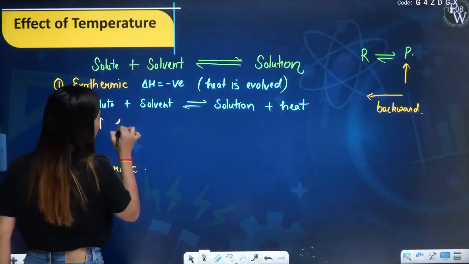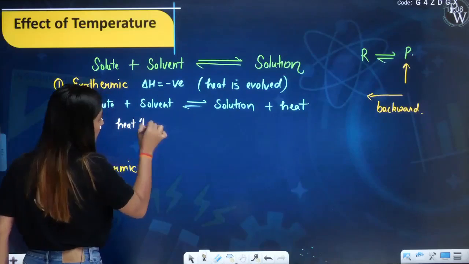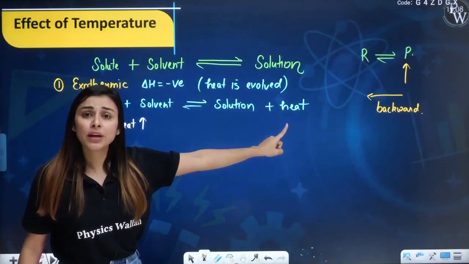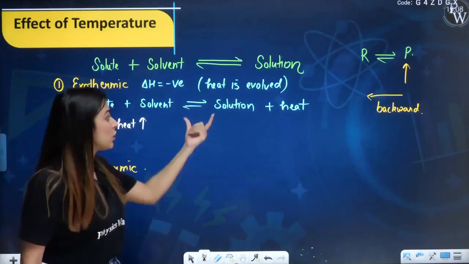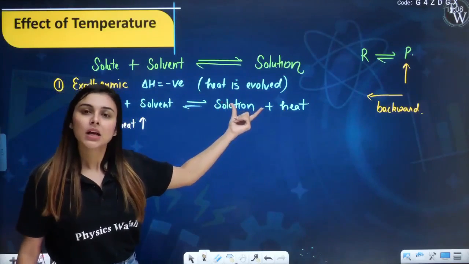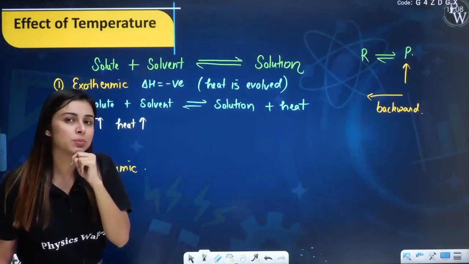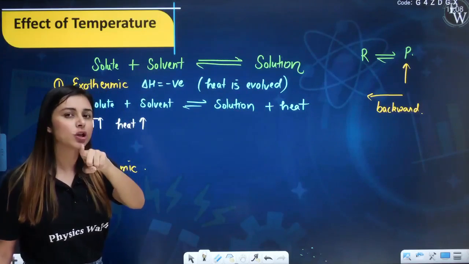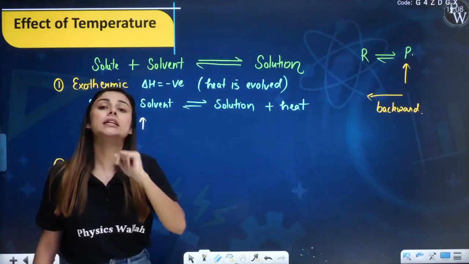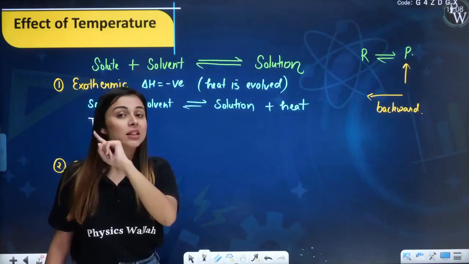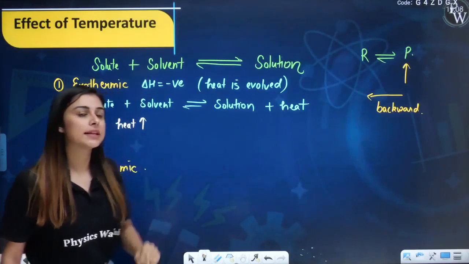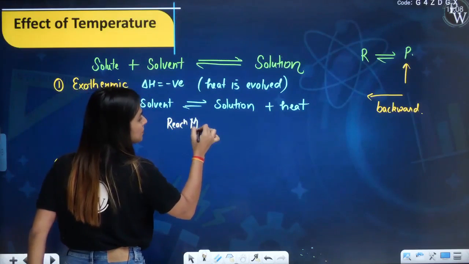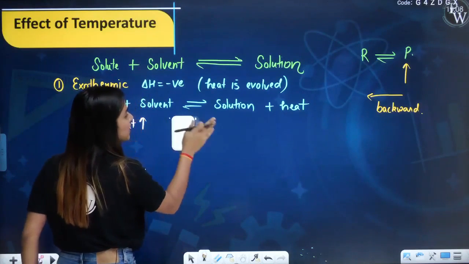If you are trying to increase the heat, my dear students, what are you doing? You are disturbing the equilibrium. You are trying to increase the products, right? What will Le-Chatelier principle do? Ma'am, Le-Chatelier principle will say you are trying to disturb the equilibrium and increase the products concentration. I'll decrease the products concentration and the reaction will move backwards, right? Yes. So I can say that the equilibrium shifts backward.